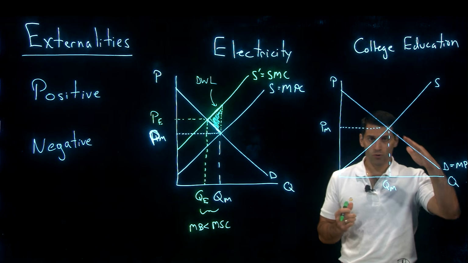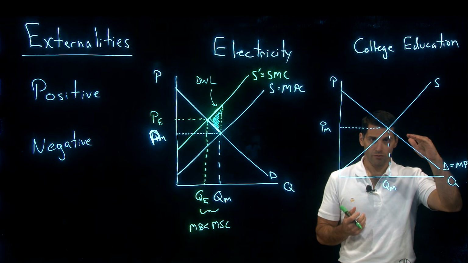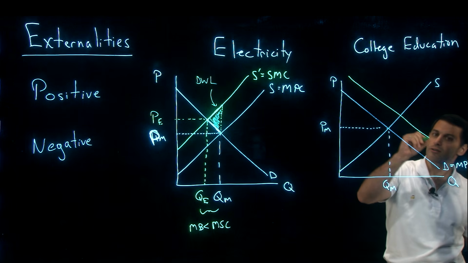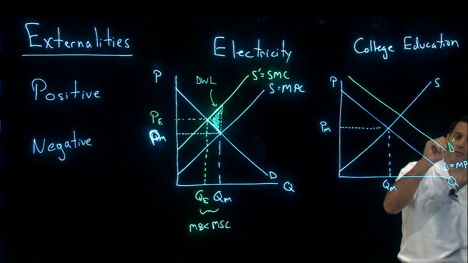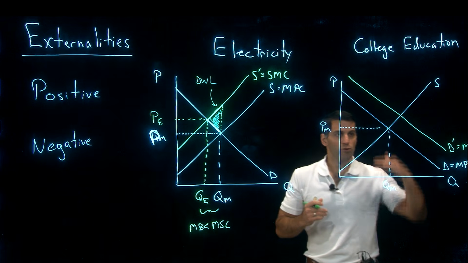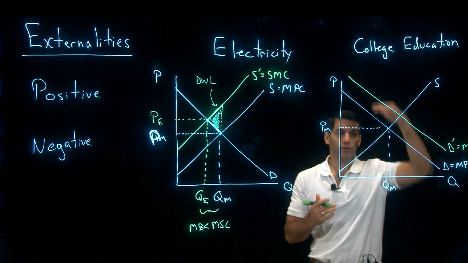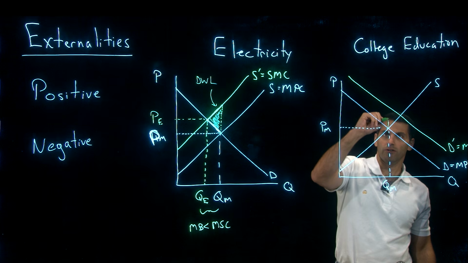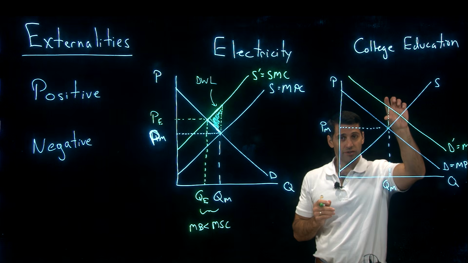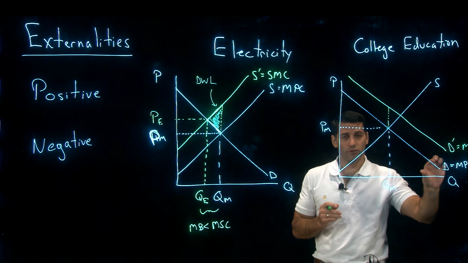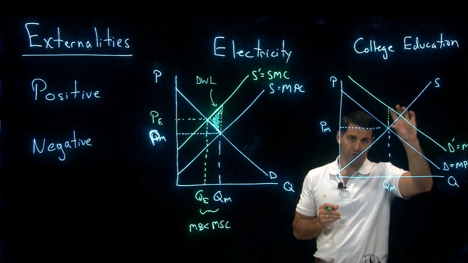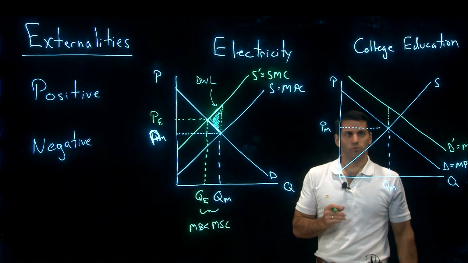The true marginal social benefit is actually higher at each level of consumption. And just as we did before, we're shifting our curve up by the amount of the externality. So that vertical distance between our two demand curves reflects the dollar value of the externality.